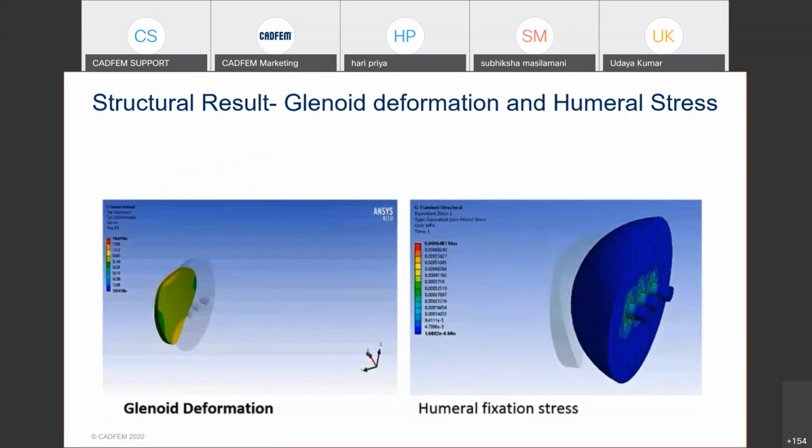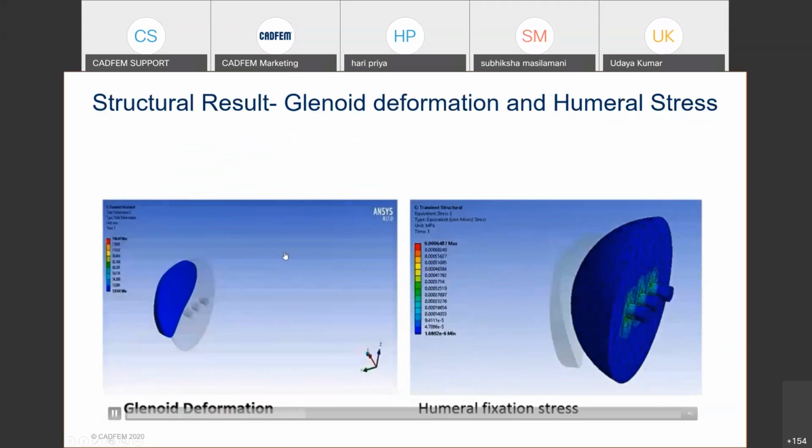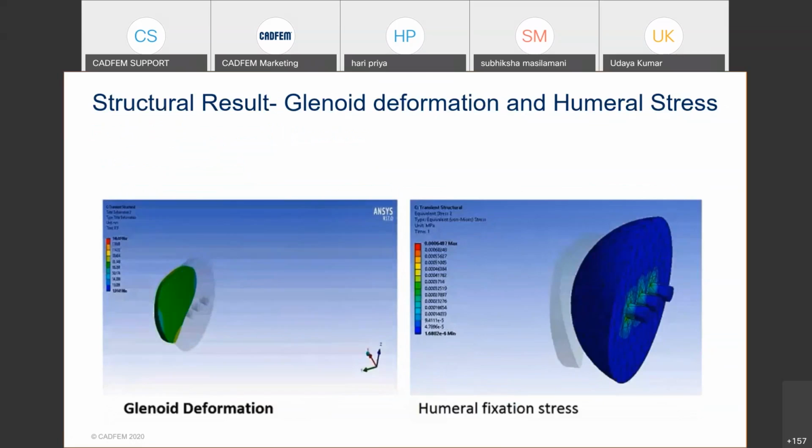In the same simulation, we can also see the structural part. Till now, we saw the fluid domain results, the pressure and velocity of the synovial fluid over the surface of the glenoid.